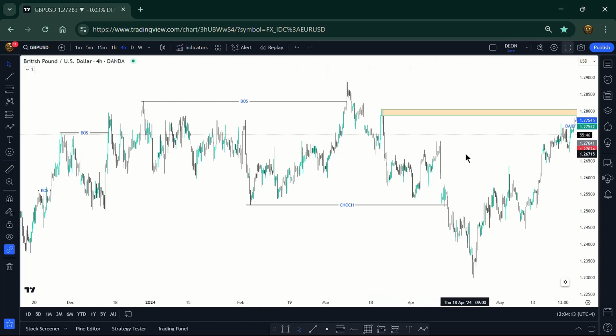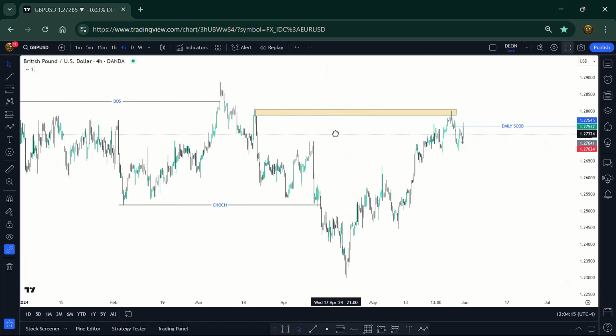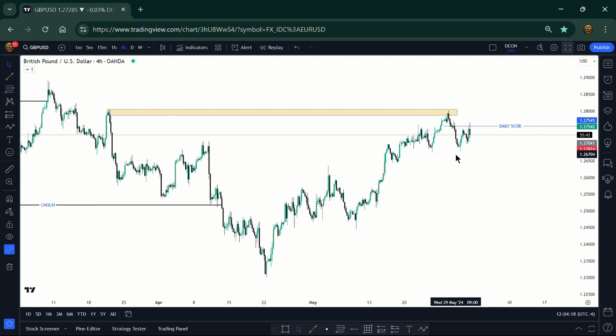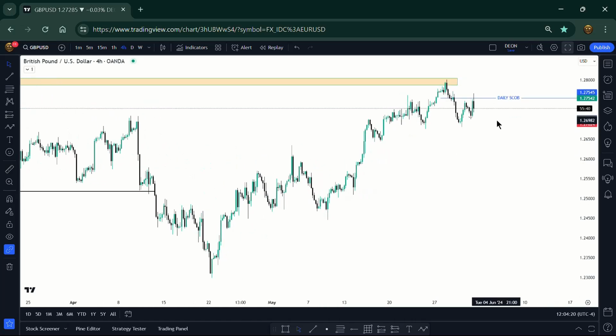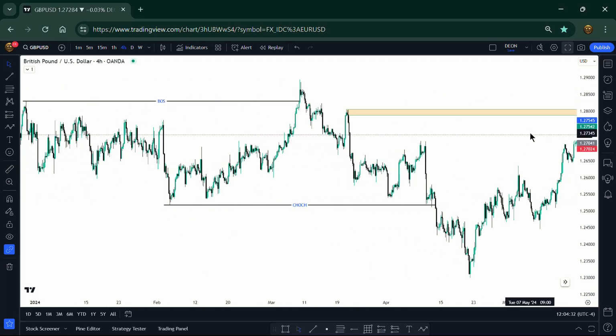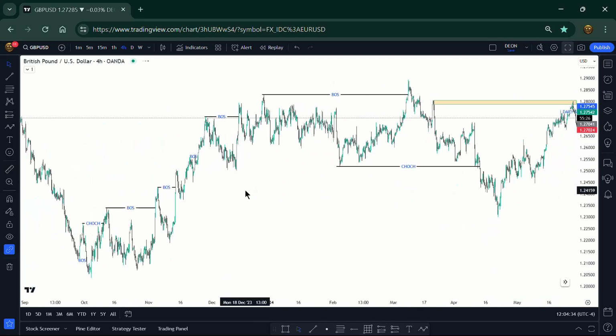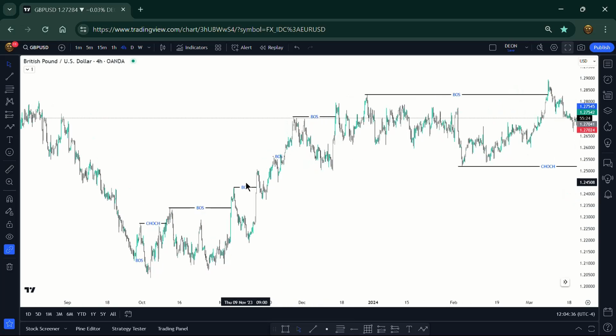This is the forward chart. I sent a signal somewhere here. If you were in the Telegram channel, you would have caught this one here. So this is what I'm talking about.